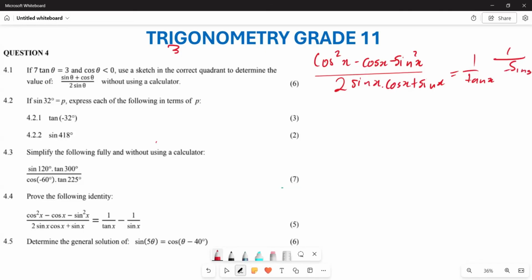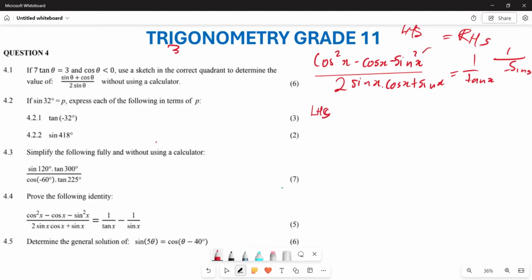Okay. Now, how can you go about proving? I want us to use this particular side, the left-hand side. Remember here, proving that your left-hand side is equal to your right-hand side, right? Now, what is it that we can do now from here? Now, I want you to look at this. Remember here, we are proving the left-hand side, right?